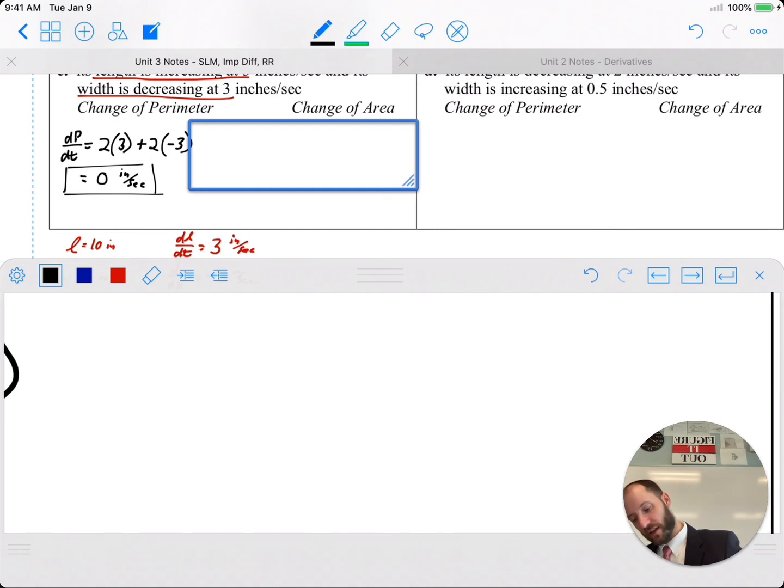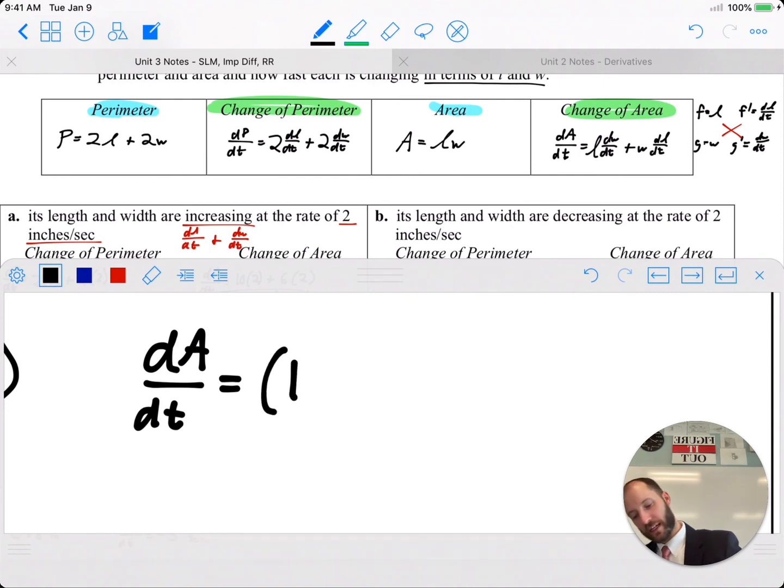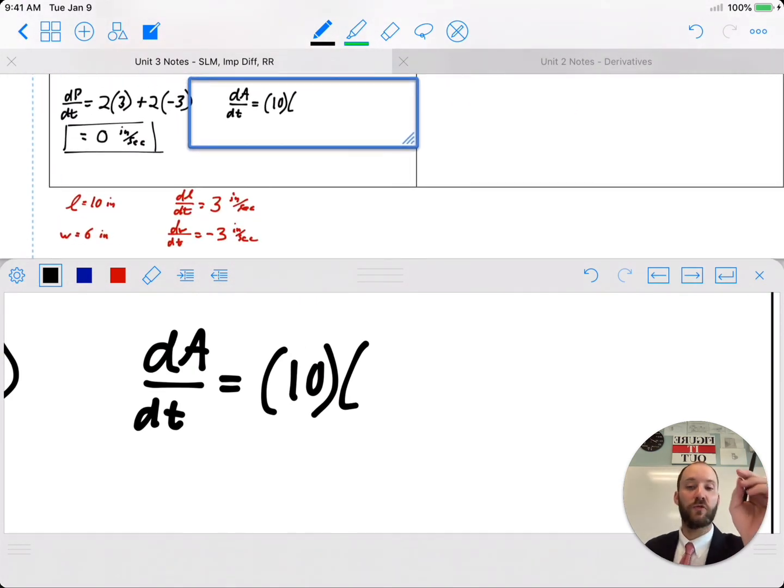Now change in area. So dA/dt. Again, go to our area dA/dt formula. It's L dW/dt plus W dL/dt. So we have our 10 for a length, and then multiply by dW/dt. So it's important you write down everything you know. So these variables, you just plug them in as you go. Take your derivatives, then plug in any variables.